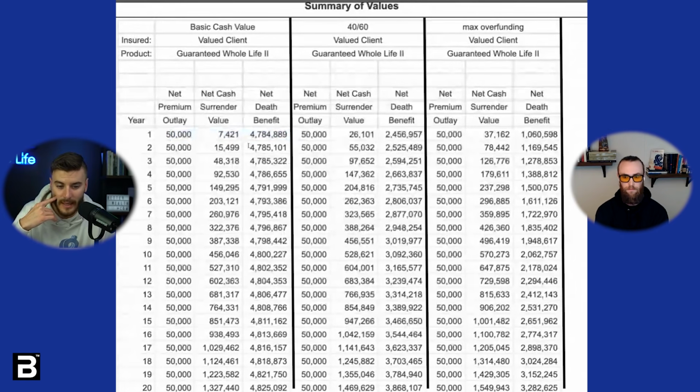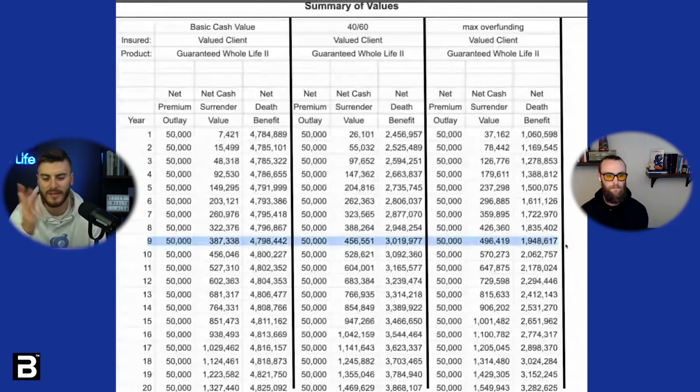It's hard for us to say on YouTube, but you would be an idiot to take the basic value, because we're just valuing cash value, which is something that we happen to care a lot about around here. But at year 9, it's a difference of almost $3 million on death benefit compared to the max overfunding.